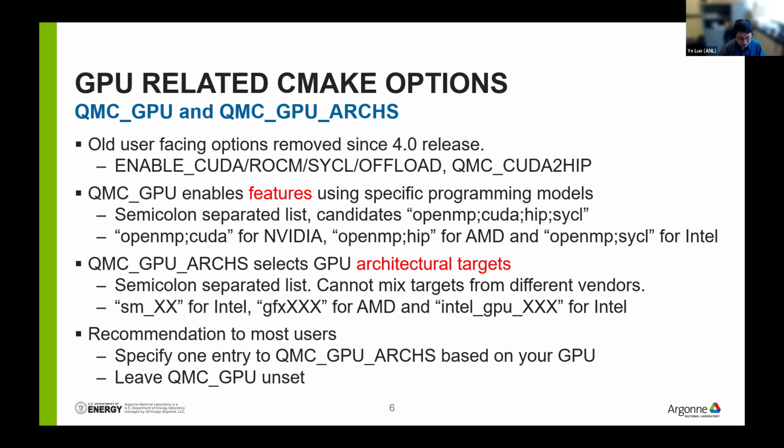Once you know that, you supply it to QMC_GPU_ARCHS, and then QMCPACK internally will decide the QMC_GPU flag for you, for the best acceleration and best performance. So remember, for most users, just set the simplest QMC_GPU_ARCHS.